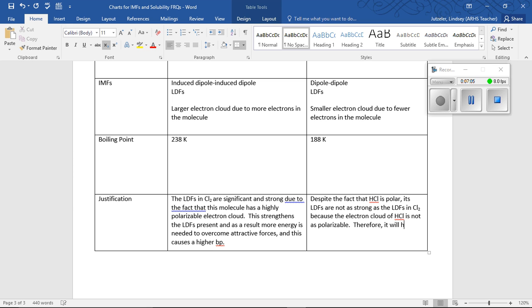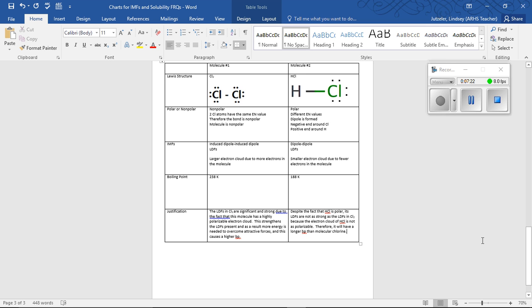Therefore, it will have a lower boiling point than molecular chlorine, the Cl2. All right, so that concludes 2008 examples.